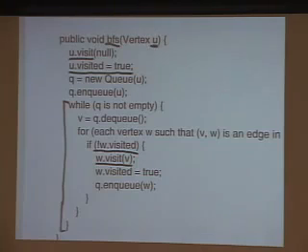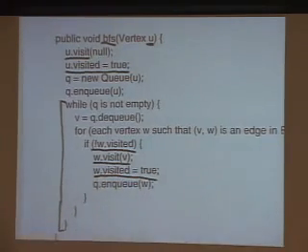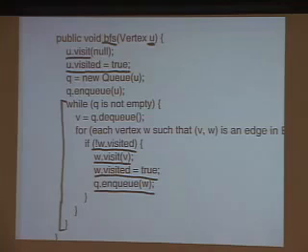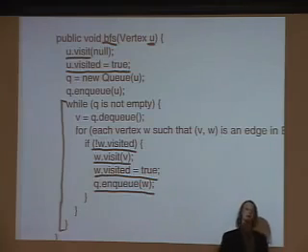That means doing some sort of computation on it, like, in our city graph, you might visit a node by summing up the total populations of all the different cities in the graph. Then we mark it as being visited so that you won't visit it again. And finally, and maybe most importantly, we add the vertex we've just visited to the end of the queue so that later on, all of the neighbors of w will get visited as well.